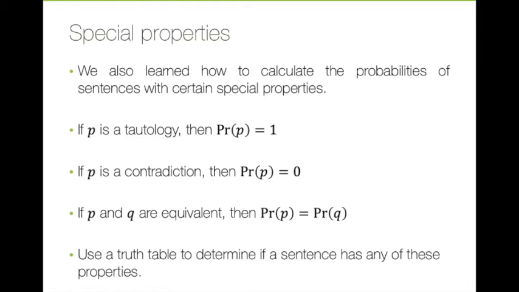And we know that if two sentences, P and Q, are equivalent, then they have to have the same probabilities. Just like before, we can use a truth table to determine if some sentence, P, Q, or whatever it is, has one of these properties. And then, once we determine that it has the property, we can use these rules for what the probability is. We can also combine these properties with other formulas. For example, the probability of the conjunction of some sentence P with a tautology turns out to just be the probability of P.